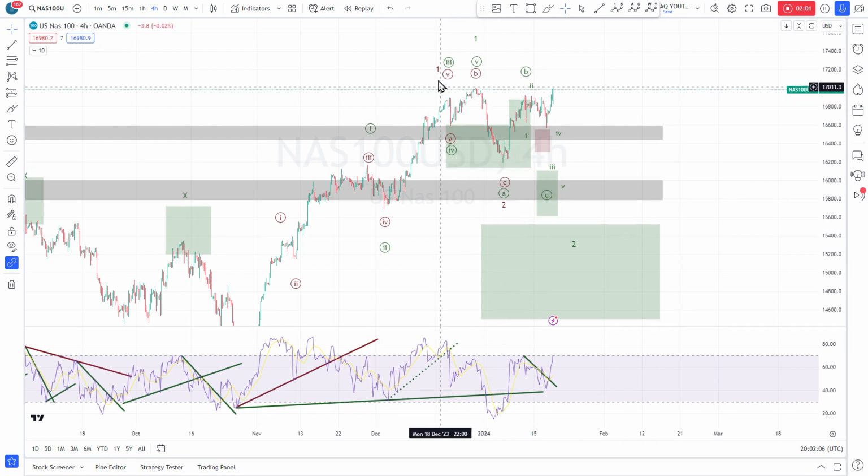So that our wave one was finished as shown in red, wave A down, wave B up, overshooting wave B, and then a wave C down as an impulse, and we start a new cycle from here. So the wave 2 low could be located right here, shallow wave 2. And so now we are taking out the high right here.